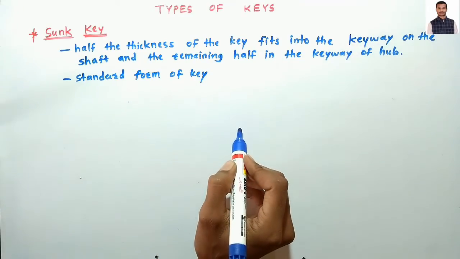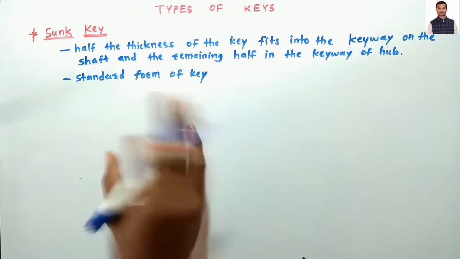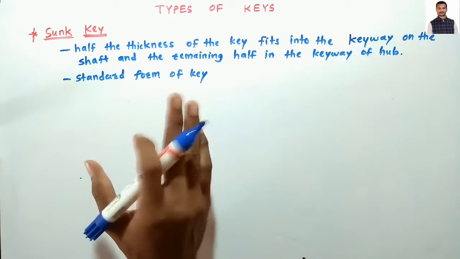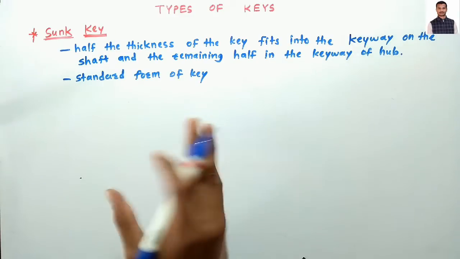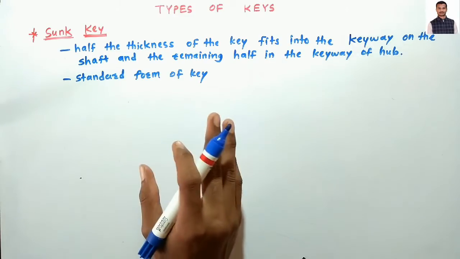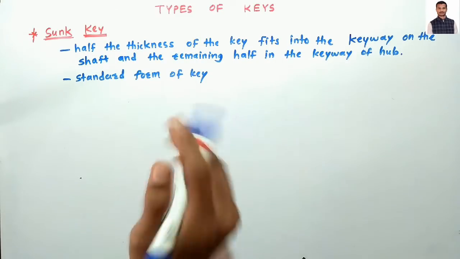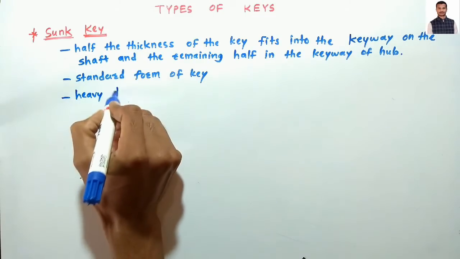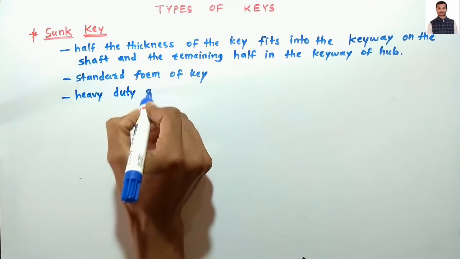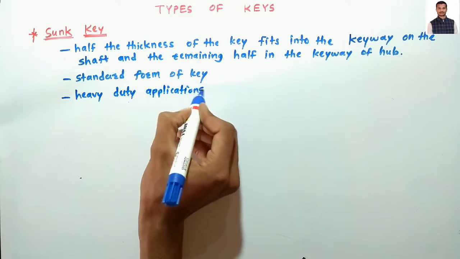This is the standard form of key, and the relative motion between the shaft and the hub is prevented by shear resistance of the key. Therefore, a sunk key is suitable for heavy duty applications.